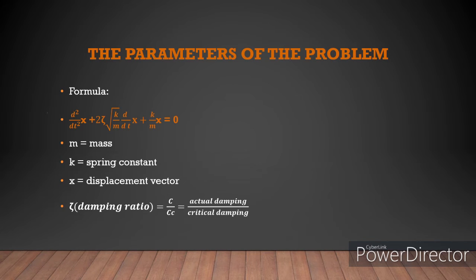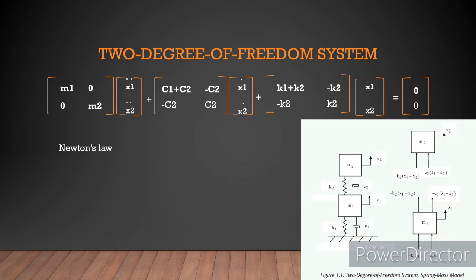Okay, I want to talk about the 2 degree of freedom system. Let's see figure 1.1. This is a simple 2 degree of freedom system. It has 2 springs and 2 masses. How to get x1 and x2?